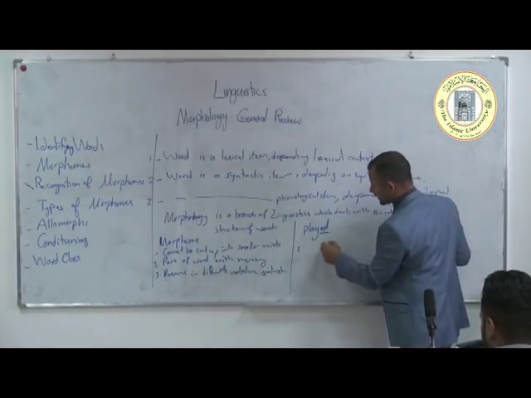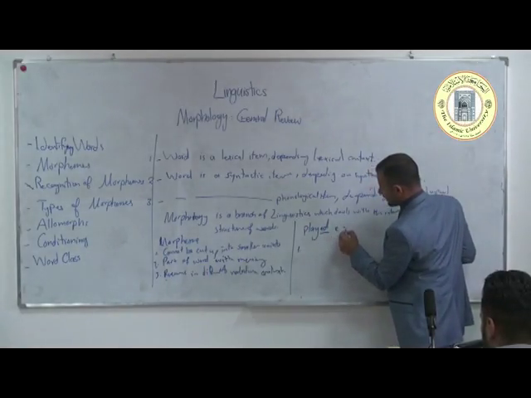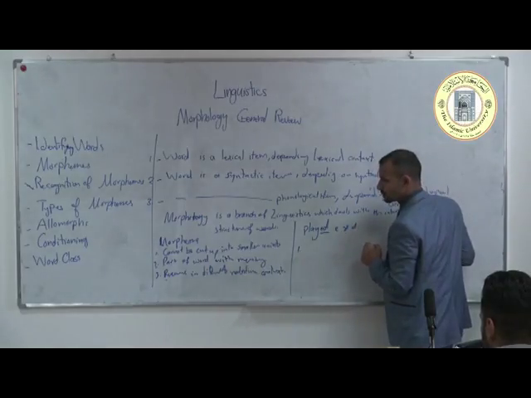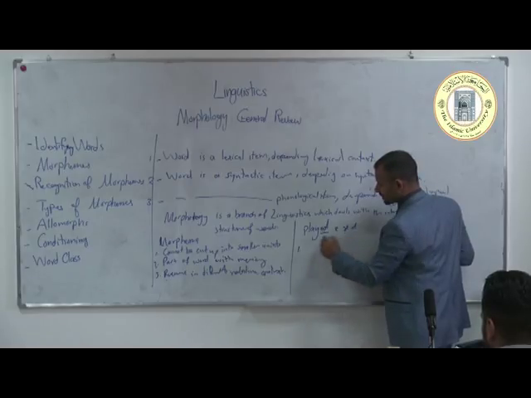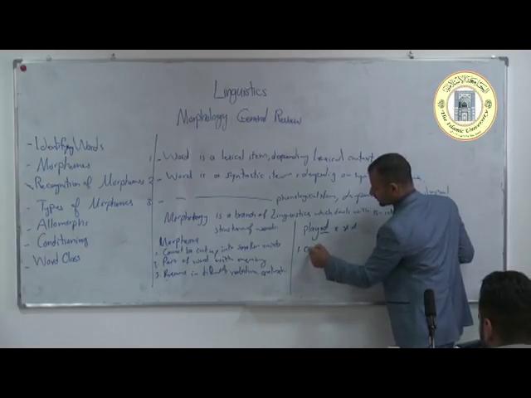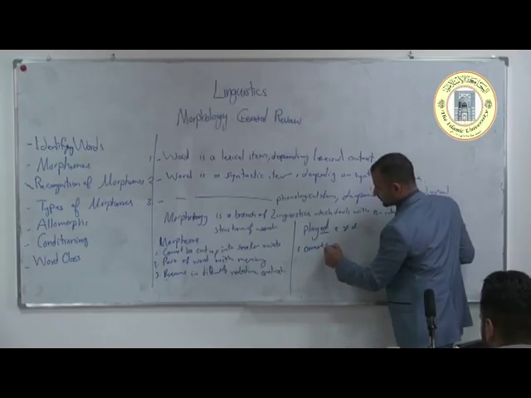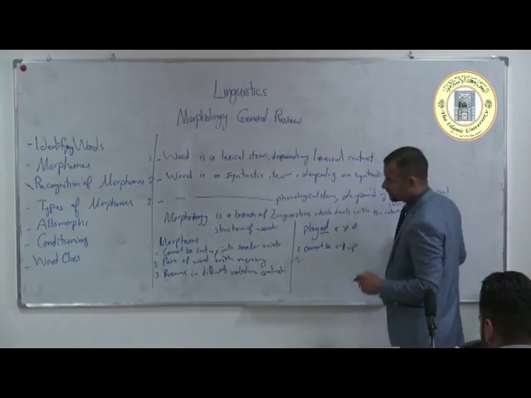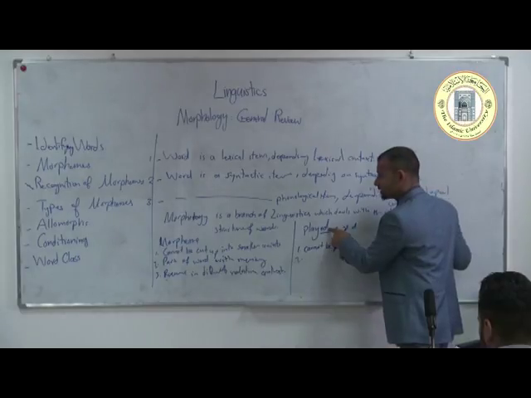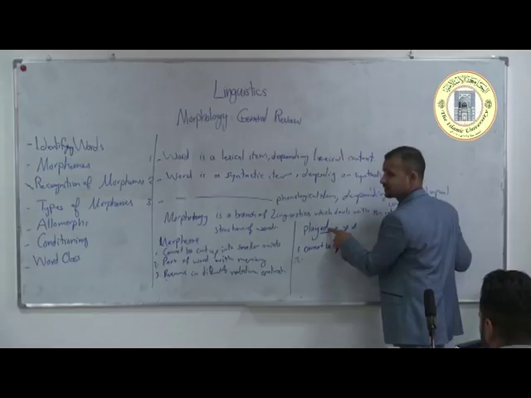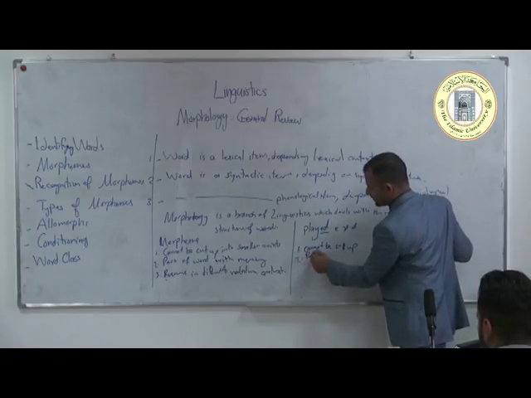Can we cut it into E and D with meaning? No. So it cannot be cut up. Two, is it a word? Is it a part of a word? So it is part of a word.